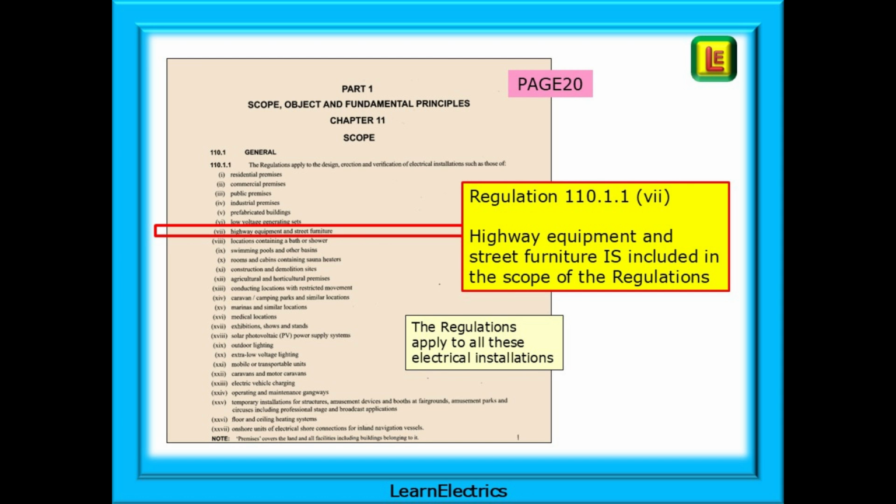Turning to page 20, we can see regulation 110.1.1, and if we scan down the list, the only installation in the possible answers that is listed is item 7 or V11, which shows that highway equipment and street furniture is included in the scope of the regulations.